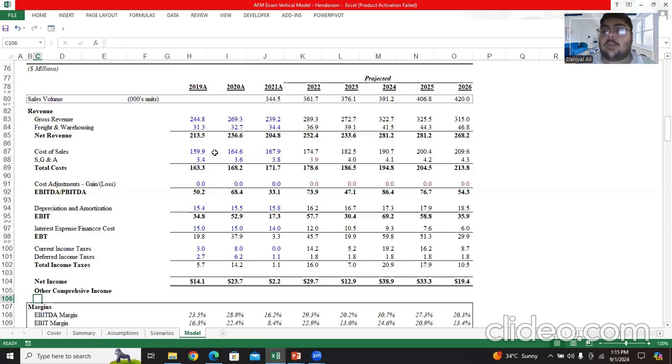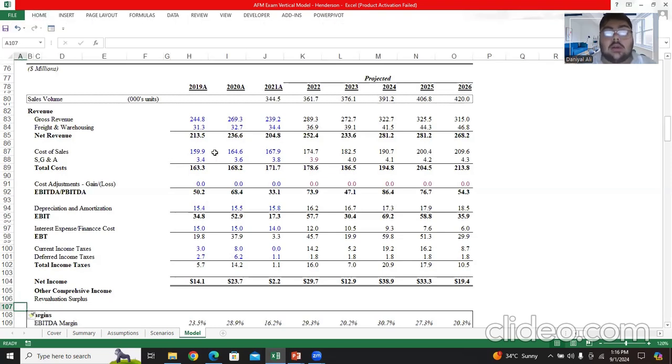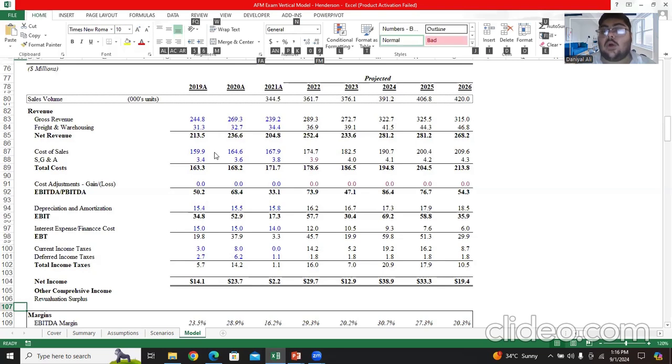And under comprehensive income, you look towards your revaluation surpluses. You look towards the further measures of your other comprehensive income, and then you get towards other items of your comprehensive income.